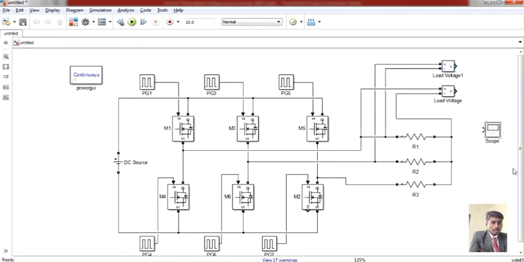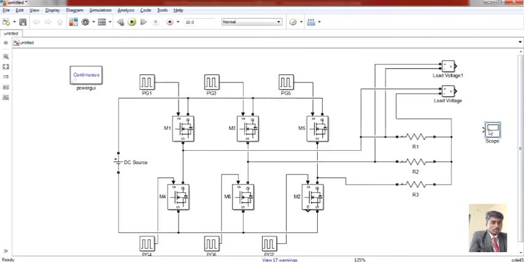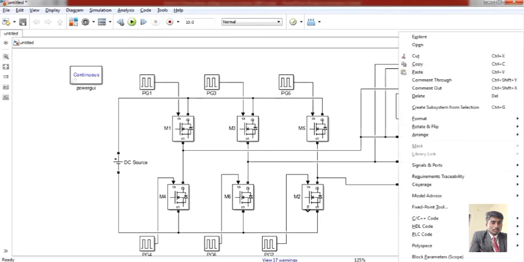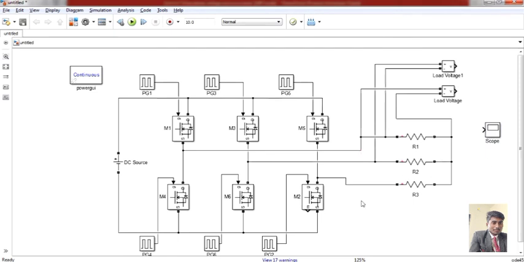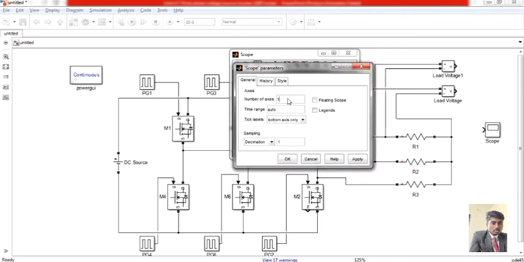So I will enter the values at gate pulse 1. At gate pulse 1 we need a phase delay of 0 angle. The period is 0.020, and the pulse width percentage is 50%.